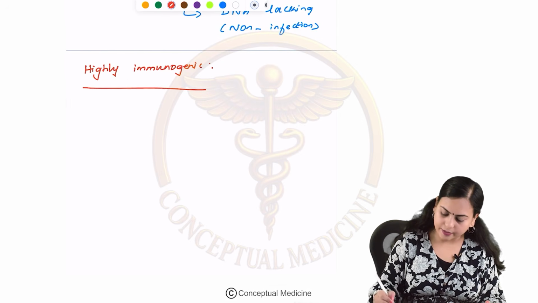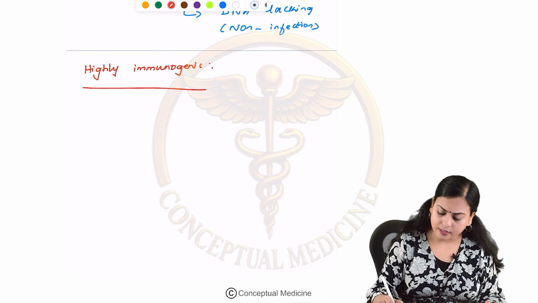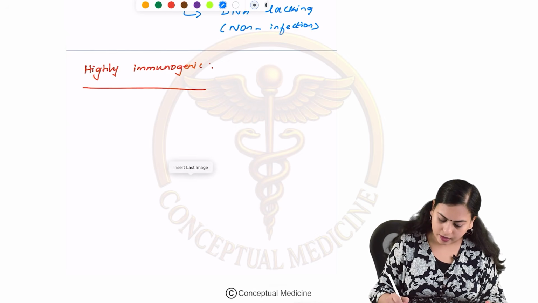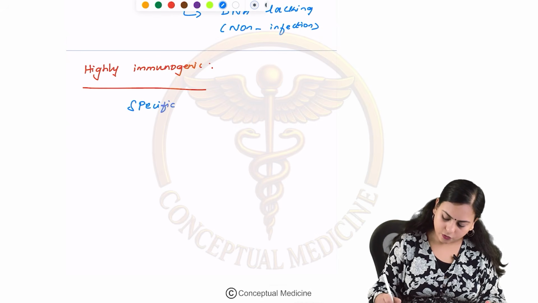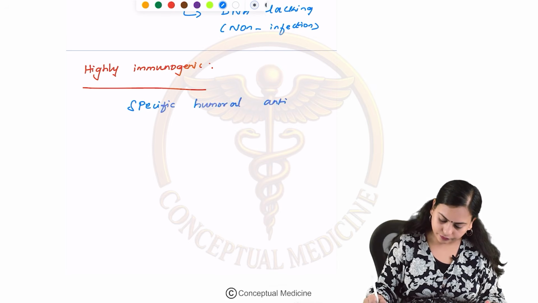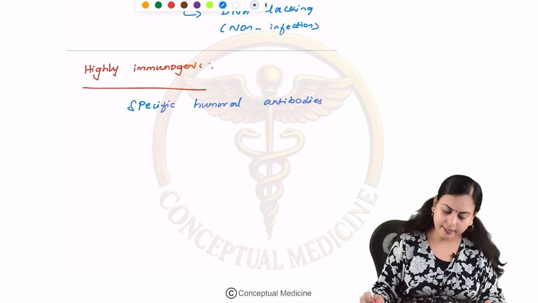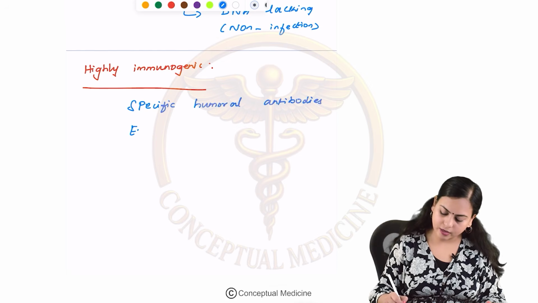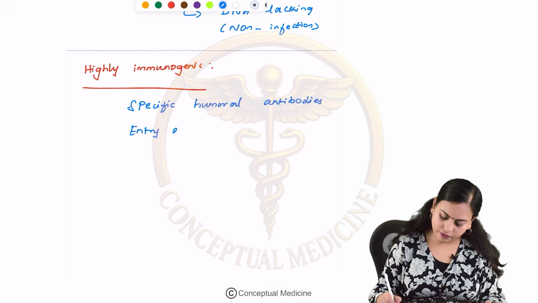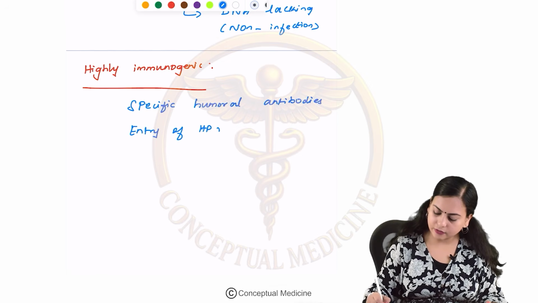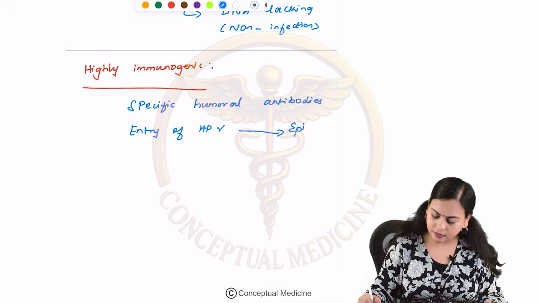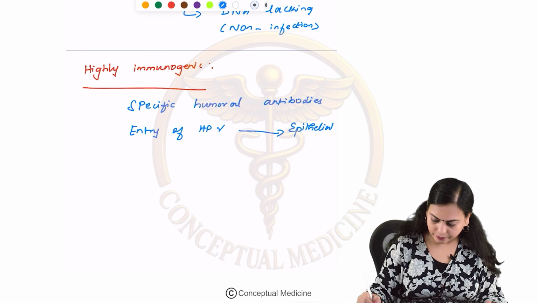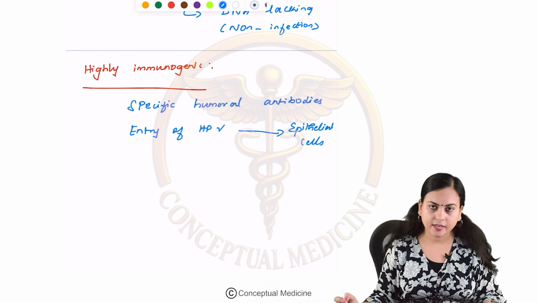It becomes highly immunogenic by stimulating production of specific humoral antibodies, leading to the prevention of entry of HPV itself into the epithelial cells. Is that clear?